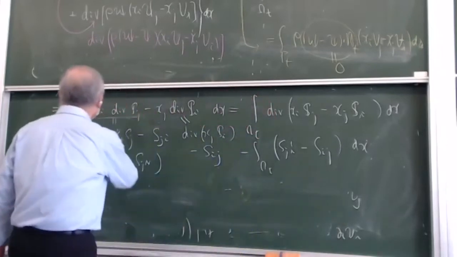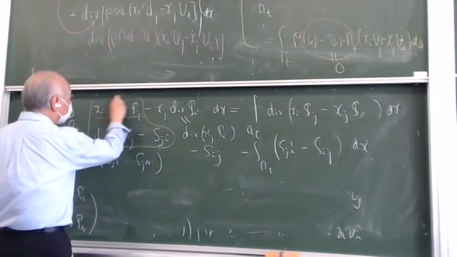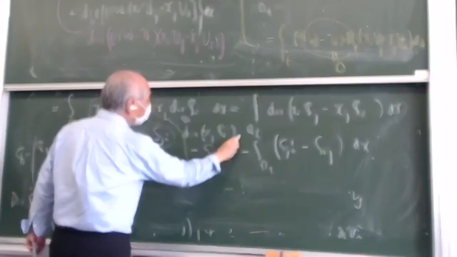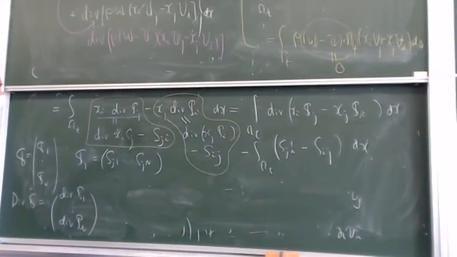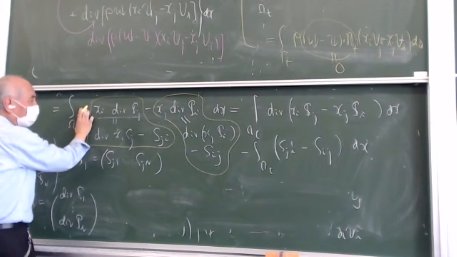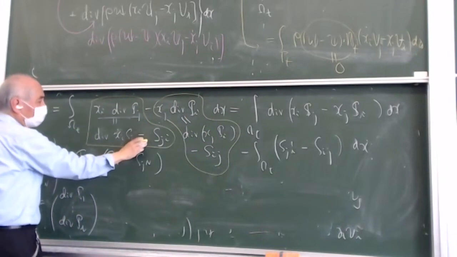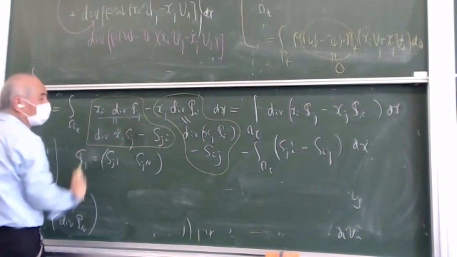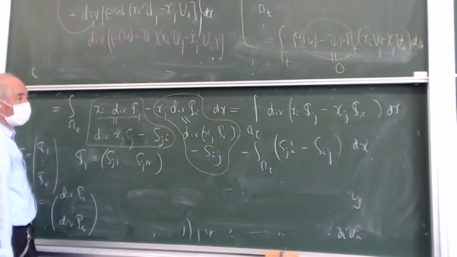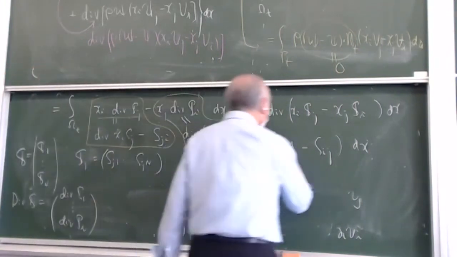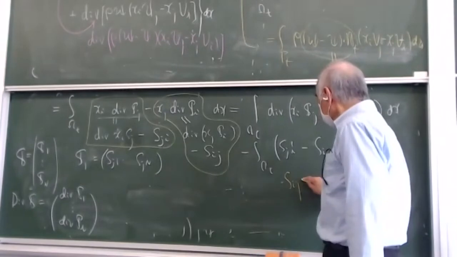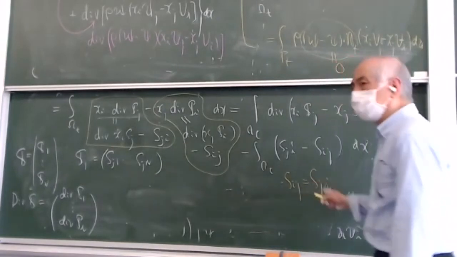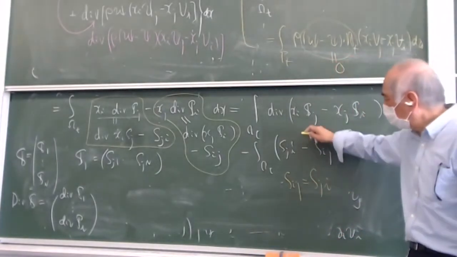Just take the diagonals from outside, and you have to eliminate S_JI. Then S_ij is symmetric.